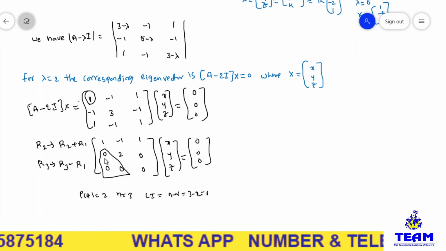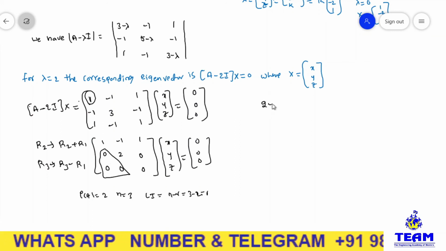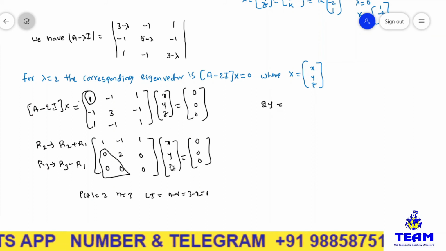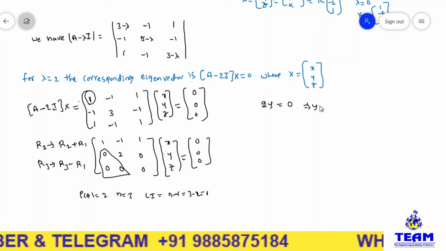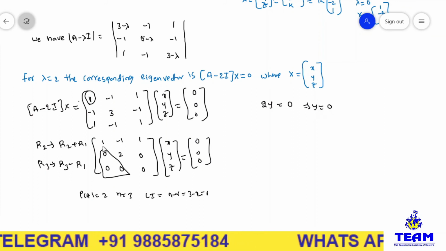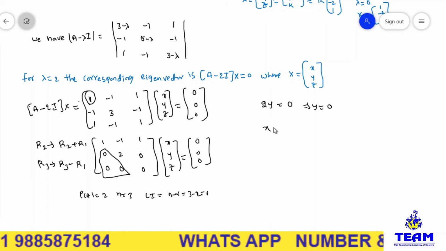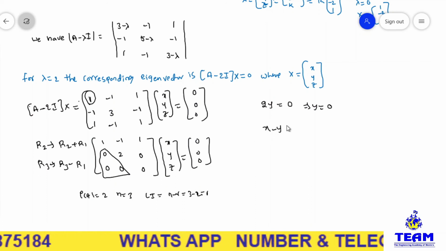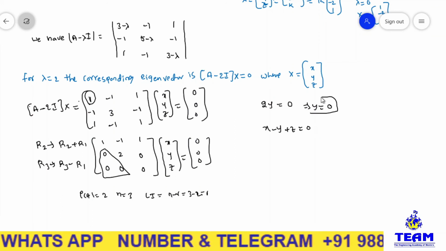Next second one, what I have, 0 into x 0 plus 2 into y, so 2y plus 0 into z 0 is equal to 0. So from this what you can say, y value is 0. Next you have a first row, 1 into x minus 1 into y plus 1 into z is equal to 0. Friends, already we know the y value.